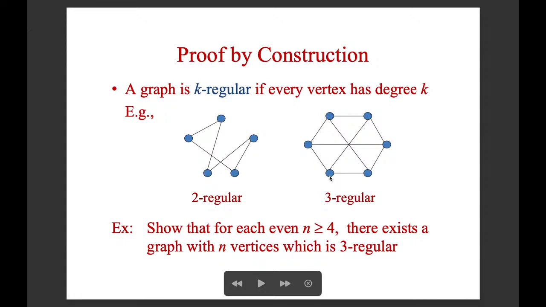Then we draw diagonals: we join the vertices that are at opposite locations on the circle across the center. With 6 vertices, we join these 2 together, these 2 together, and these 2 together. In that case, we can easily check that it is a 3-regular graph. So this is a way that we show the existence.